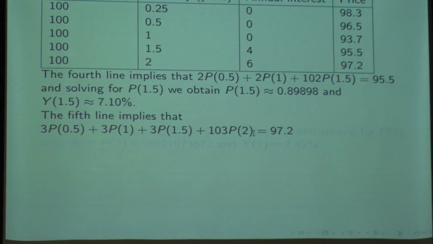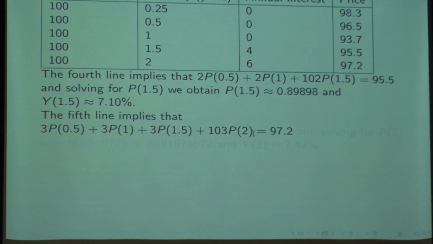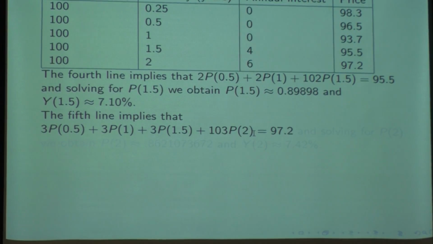So this is what people should pay now to receive these 4 payments in the future. And you can set this equal to what you observe people are actually paying for it.